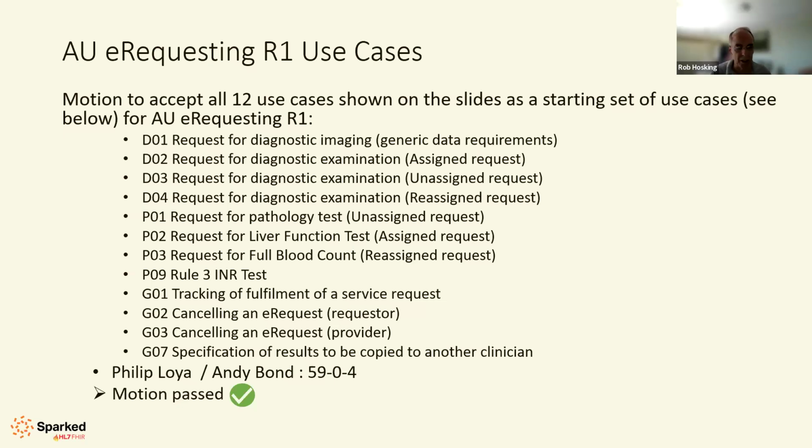Yeah, thanks. Look, I wasn't there. I was at the clinical one the day before, but I'm looking at your P09 Rule 3 INR test. Is that just for INRs, or is it going to be for other pathology tests that are also Rule 3 exempt? So the Rule 3 exemption is a concept rather than for one specific type of test. And I wonder whether you should be calling it INR or whether you should be calling it Rule 3 exemption.